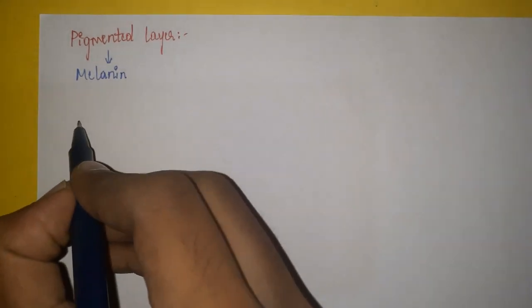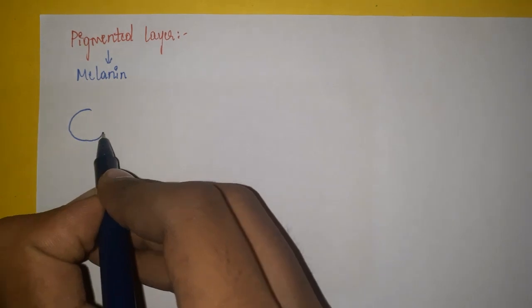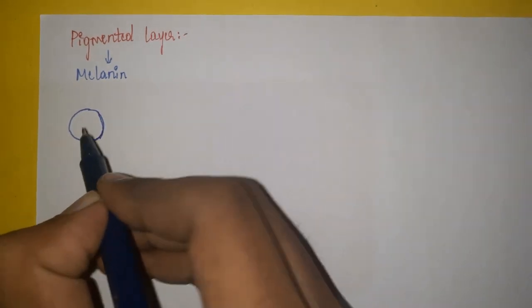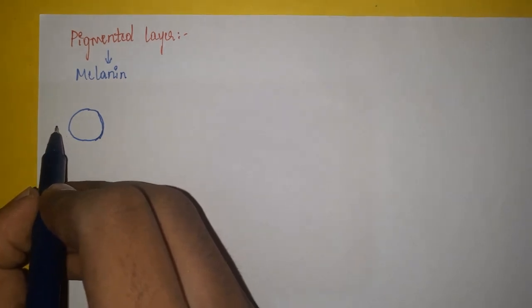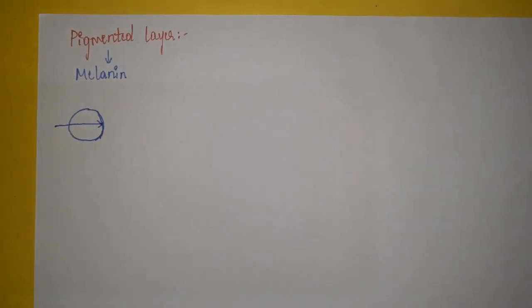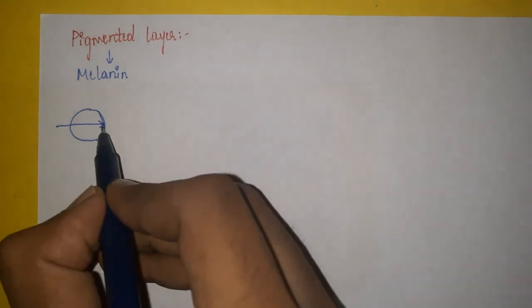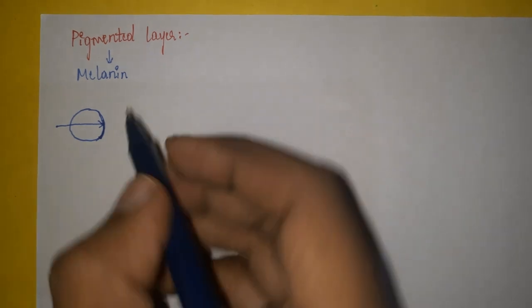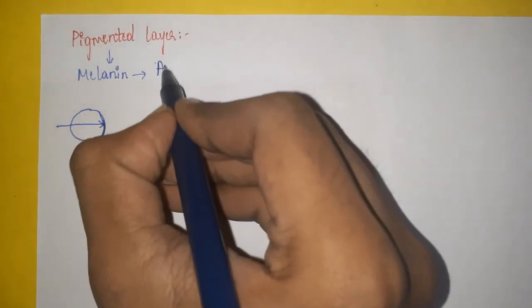See here, this is the eyeball. This is the retina. When light passes through the pupil and strikes the retina, it should not reflect. It is absorbed by the melanin present in the retina.